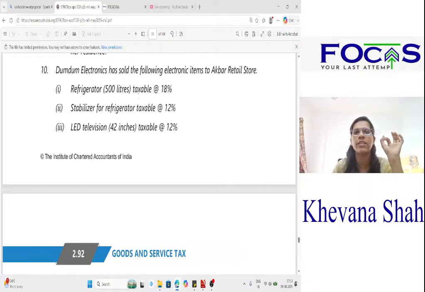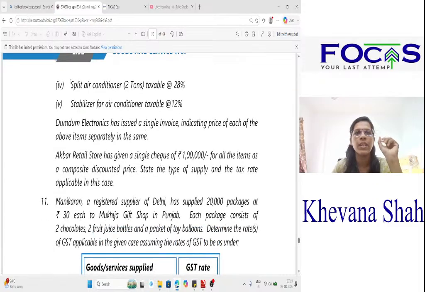First one is refrigerator 500 liters taxable at 18%, stabilizer for refrigerator taxable at 12%, LED television 42 inches taxable at 12%, split AC 2 tons taxable at 28% and stabilizer for AC taxable at 12%.